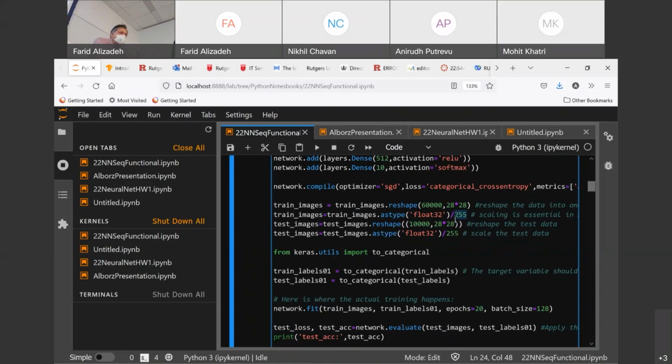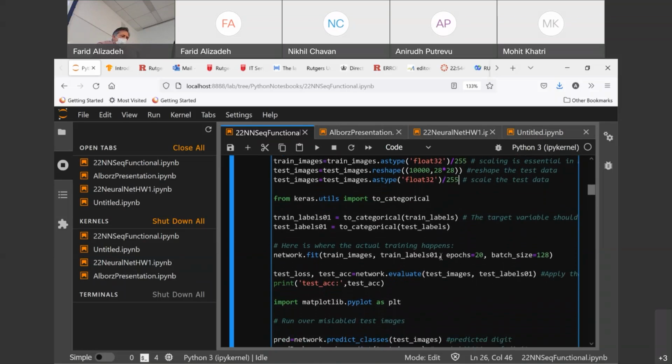In this case, we are lucky because the images are grayscale intensities from 0 to 255. So we know that the largest number is 255, and we simply divide by 255. So scaling here is very simple. You also have to make sure that the test images are scaled the same way. Okay.